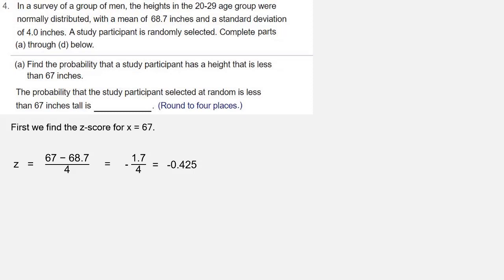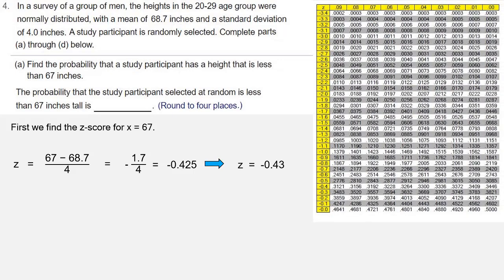We're going to round to 2 decimal places because the z-scores in our standard normal distribution table are 2 decimal place z-scores, so this would round to negative 0.43. Since that's a negative z-score, we're going to need the negative side of the standard normal distribution table.